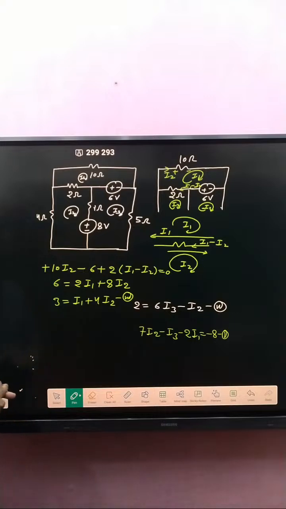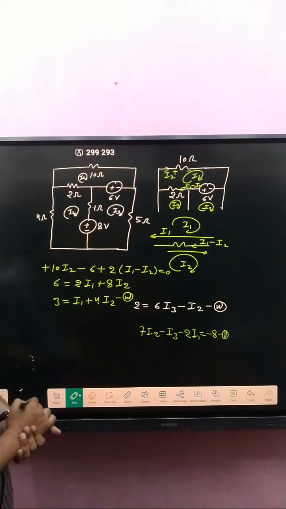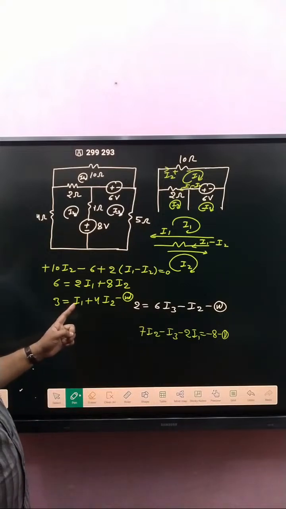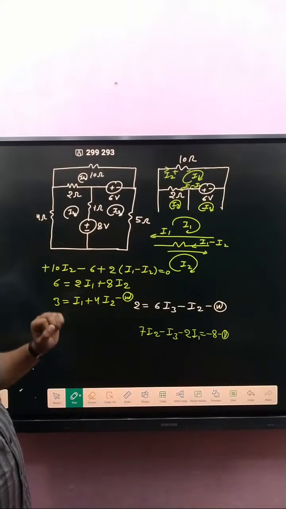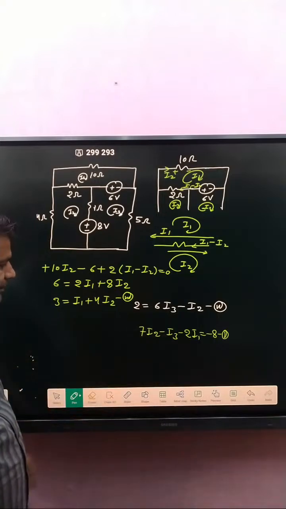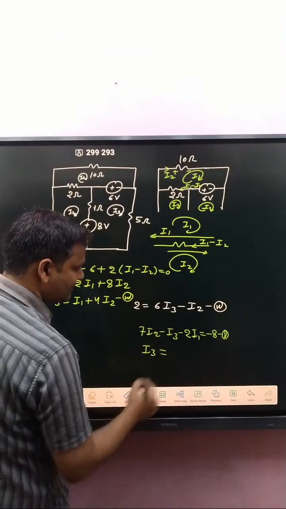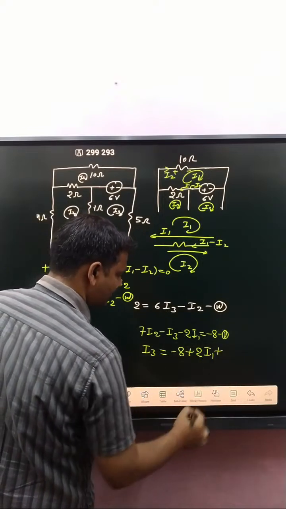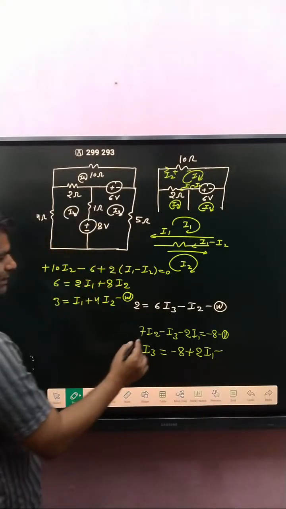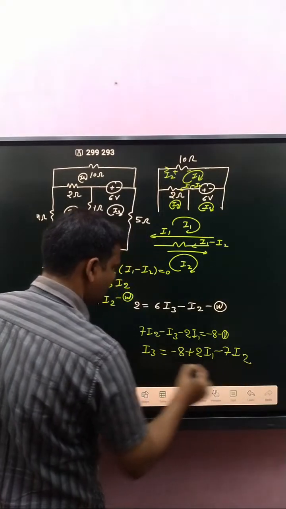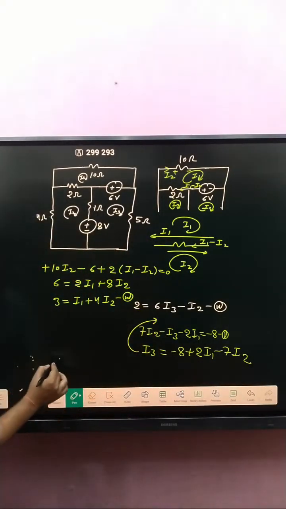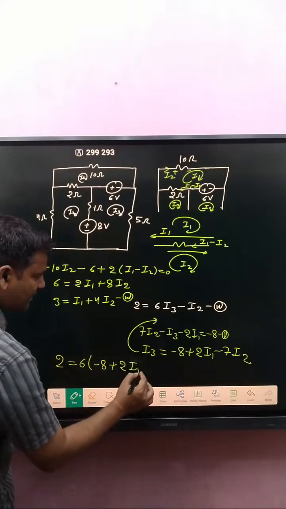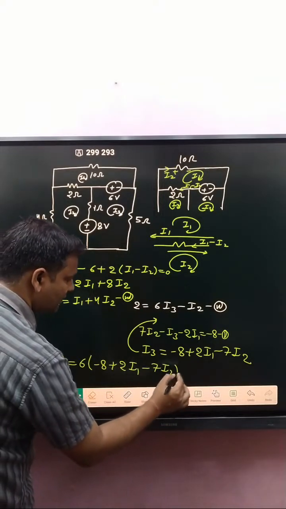Okay. Now after that, is it clear or not? If anyone faced doubt, then tell me, I will discuss again. Our motto is to find that value of I3. I3 is equal to minus 8 plus 2 I1 minus 7 I2. That value put here. Then we got 2 is equal to 6 minus 8 plus 2 I1 minus 7 I2 minus I2.